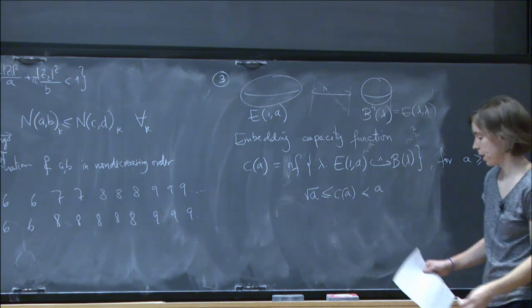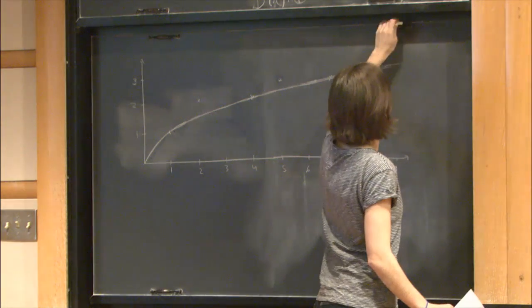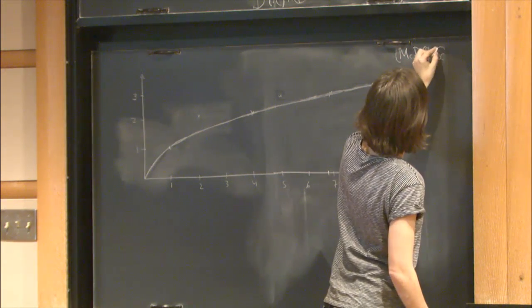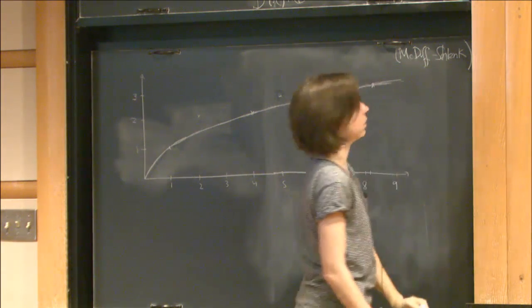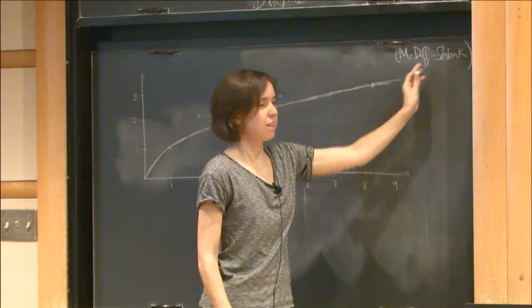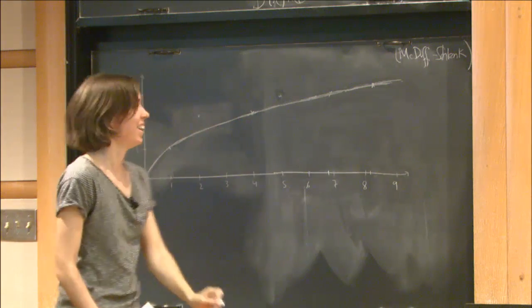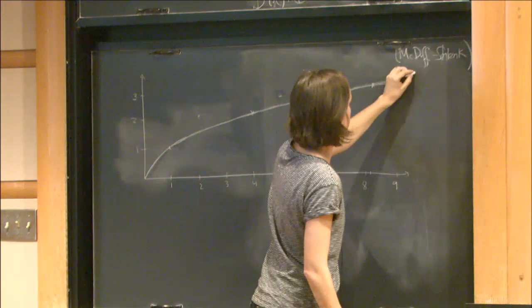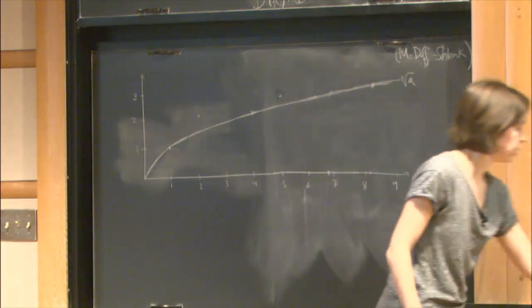Okay, so let's see what this graph looks like. So this was studied by, I always think it's with the optional C. Okay. All right. So here's square root of A. It's A. And here it is.